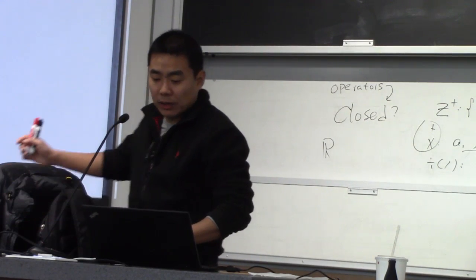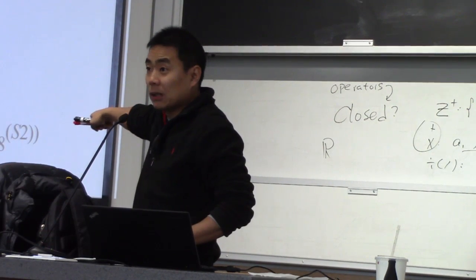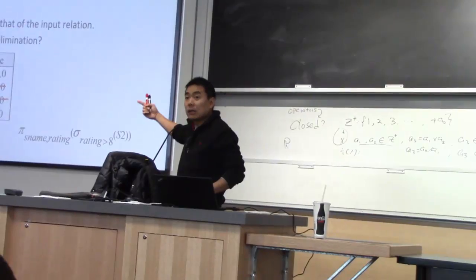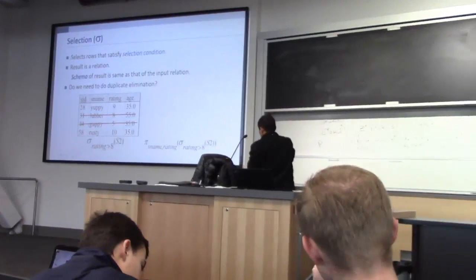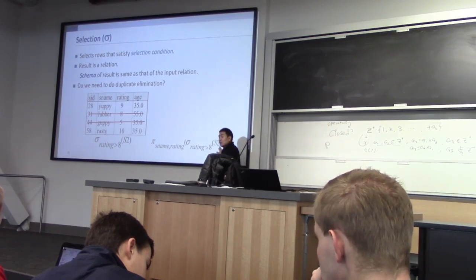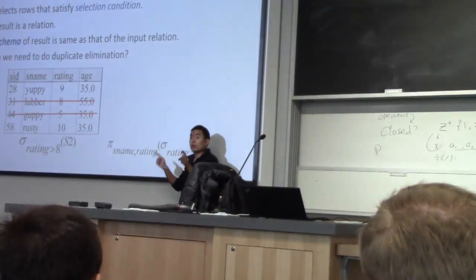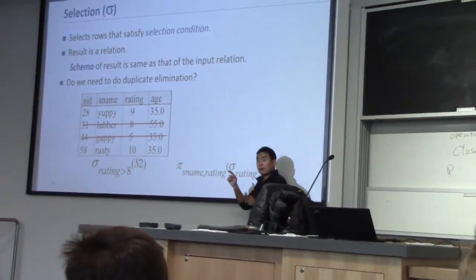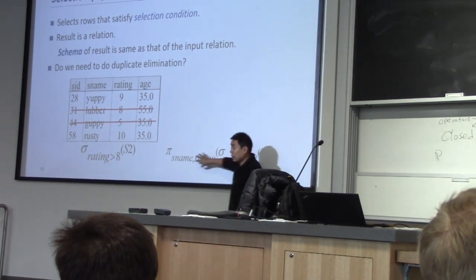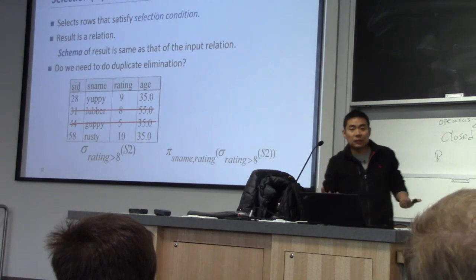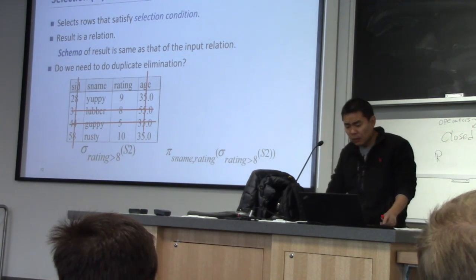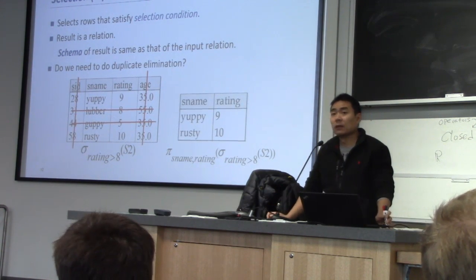So we can take the output of the selection operator, which is guaranteed to be a relational instance. No matter what the input instance is, I know for sure the output is still a relational instance. And then I can take that as the input to the projection operator and build a more sophisticated query like that, which gives you the output like this. Okay?